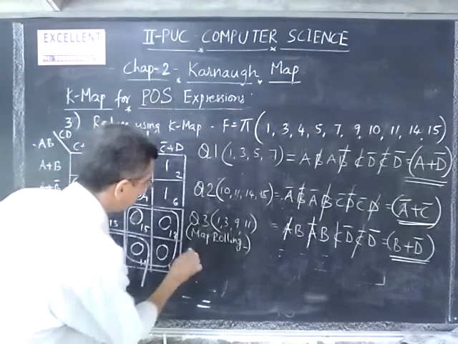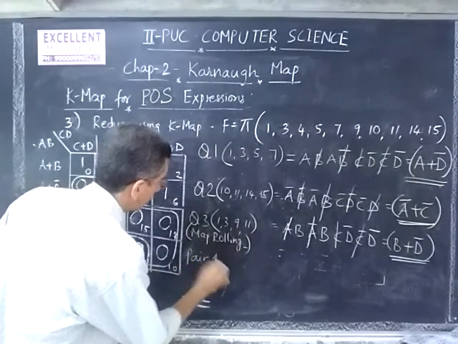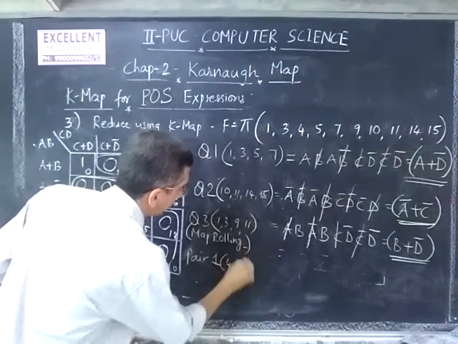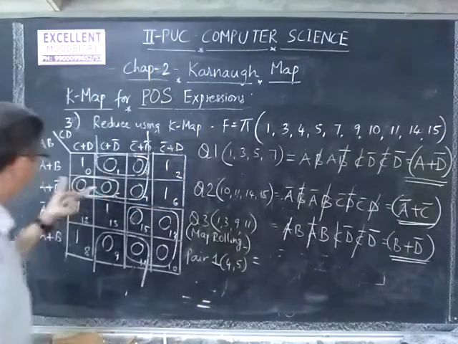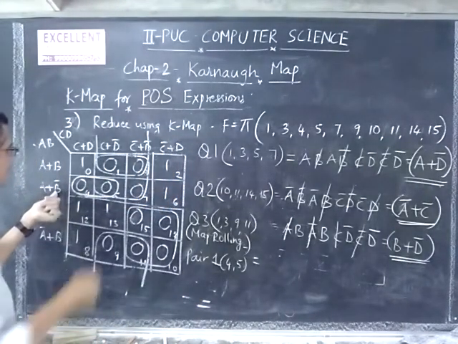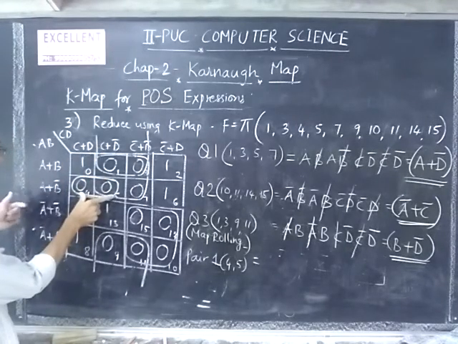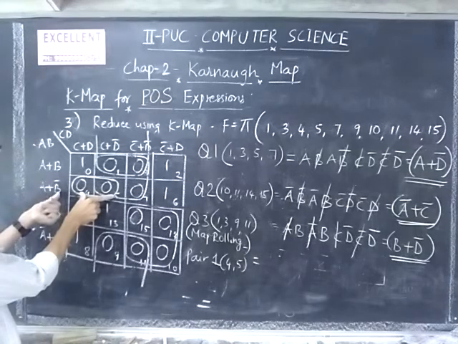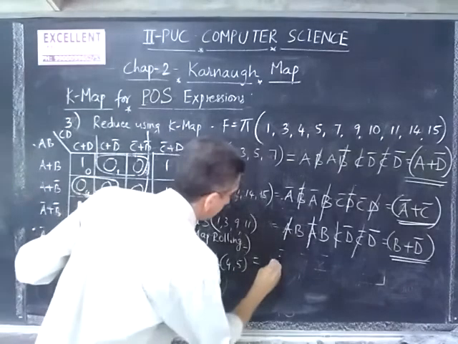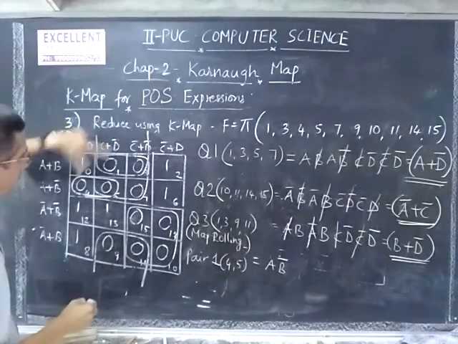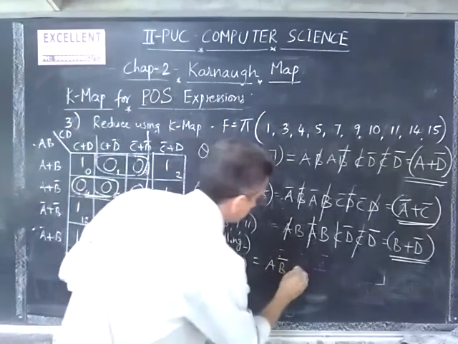So pair 1. It is M4 and M5. From pair 1 you have A B bar and C D bar. This pair. Right. A B bar, C D bar for the columns.